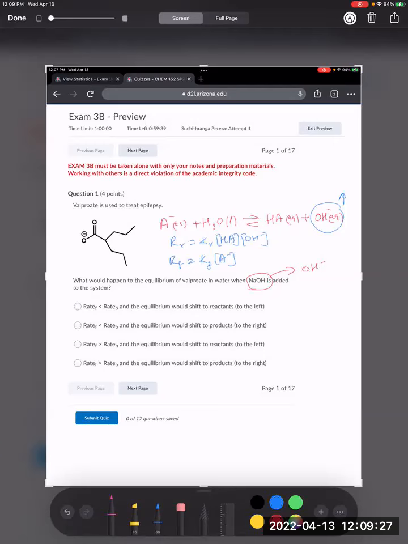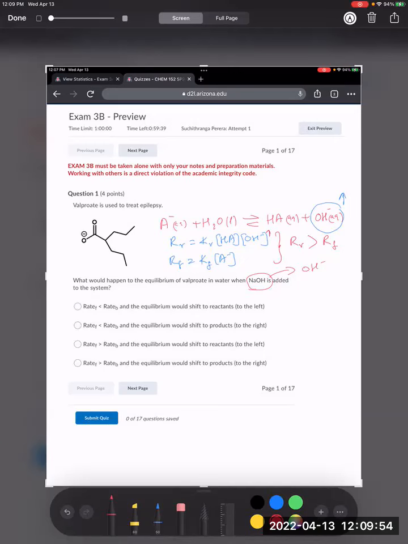You are increasing the concentration of OH minus, and that's going to increase the reverse rate, and as a result our reverse rate will be greater than the forward rate. Therefore, we should produce more reactants until the forward rate becomes equal to the reverse rate again.